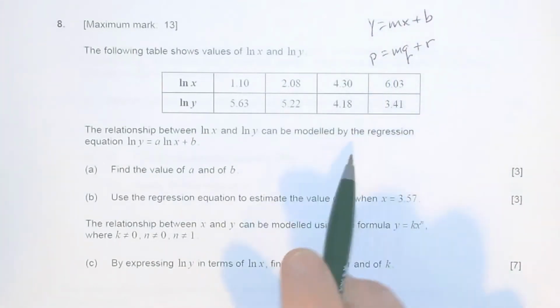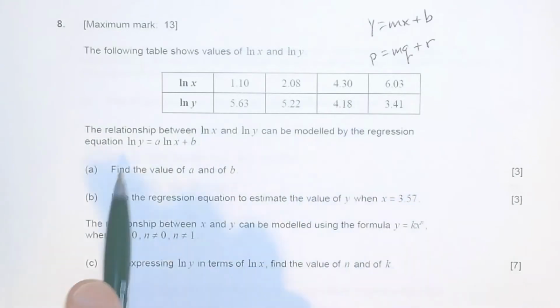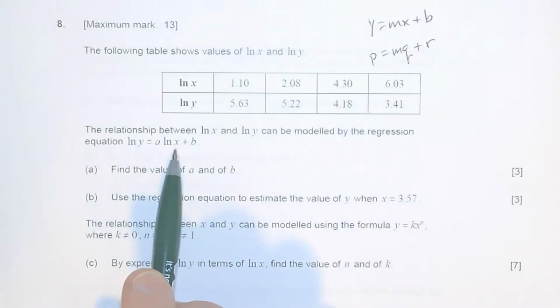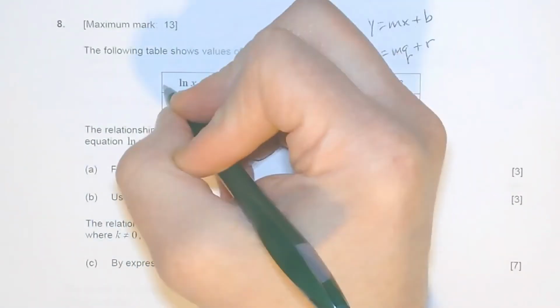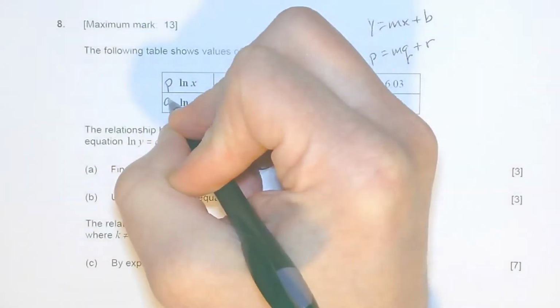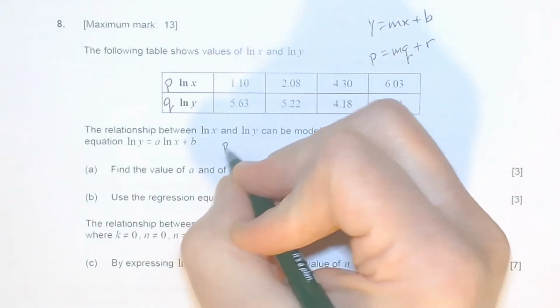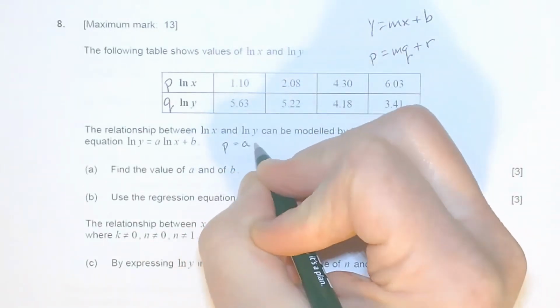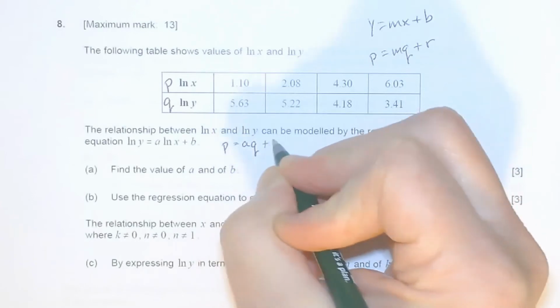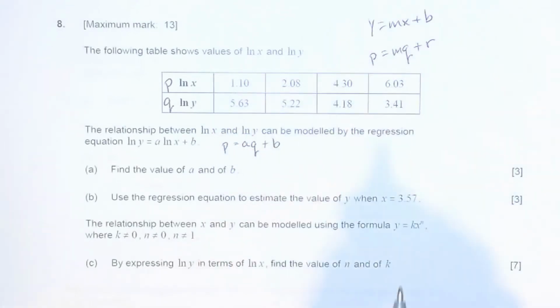This is a linear regression. Even though they're giving me natural log of x and natural log of y, imagine replacing the natural log of x with p and the natural log of y with q. Then it would be p equals a times q plus b. So again, it's just a linear equation. Don't let them fool you.